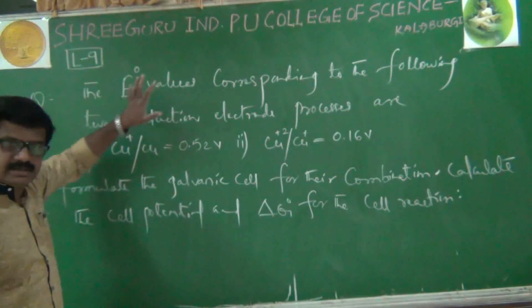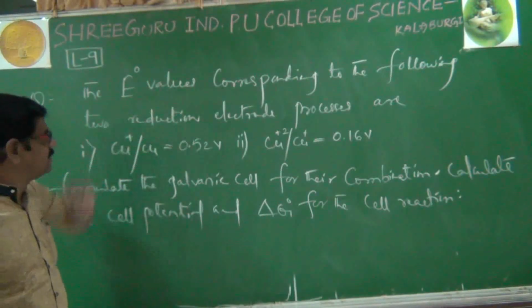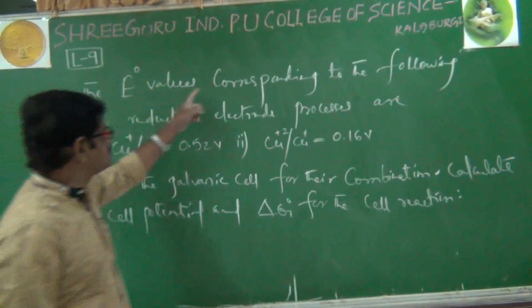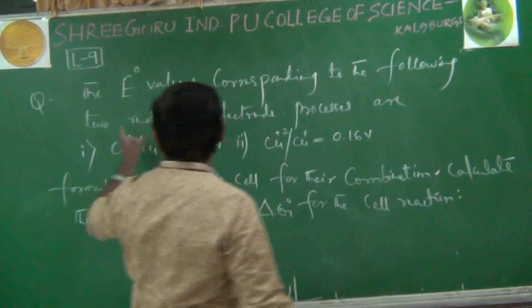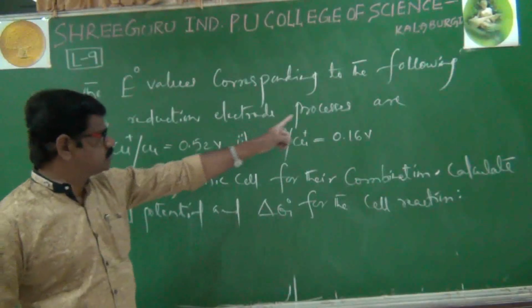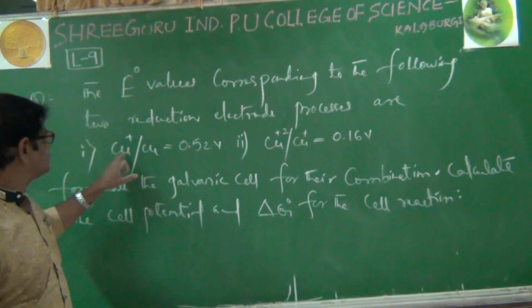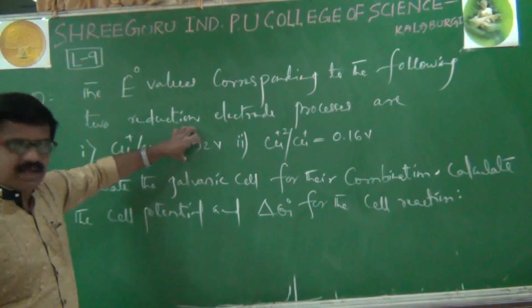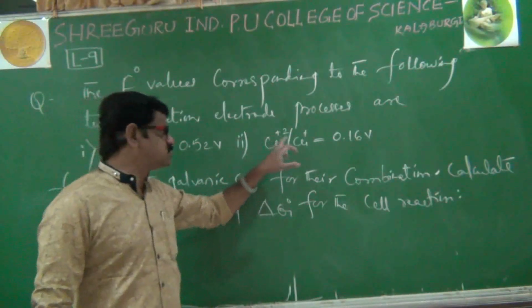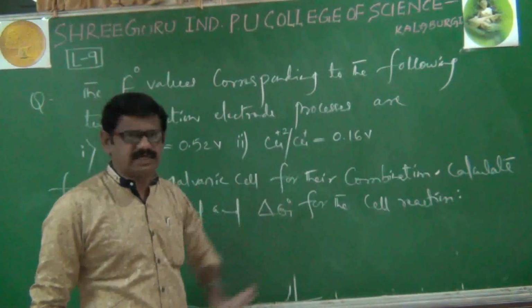First we'll try to understand the entire question, that is, E naught values corresponding to the following two reduction electrode processes. Two SRP values have been given. One is Cu+ | Cu, with a certain value given, and the other one is Cu2+ | Cu+, with some value given.